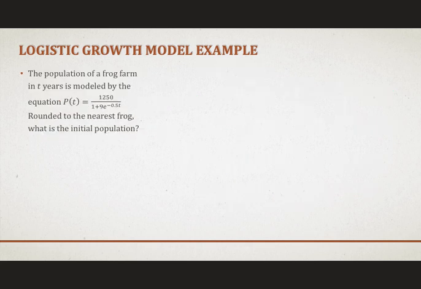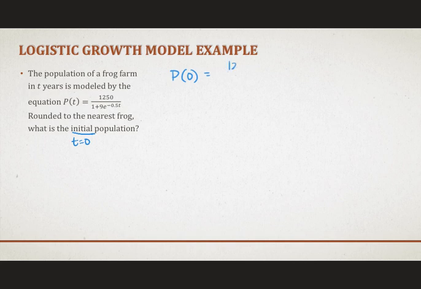All right, now I've got a frog farm, so I know what my objects are. Now they're frogs. T is time, and it's measured in years. So what is the initial frog population? Well, if it's my initial value, then T is 0. Initial means that T is 0.